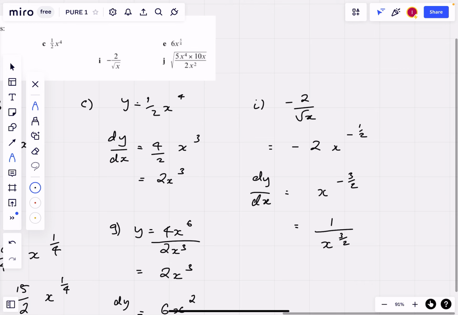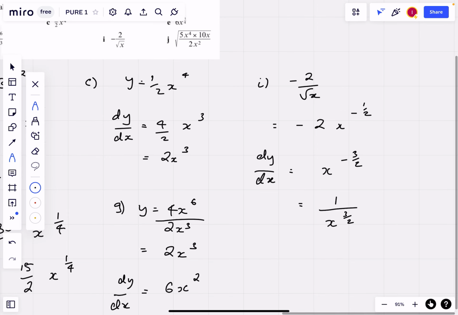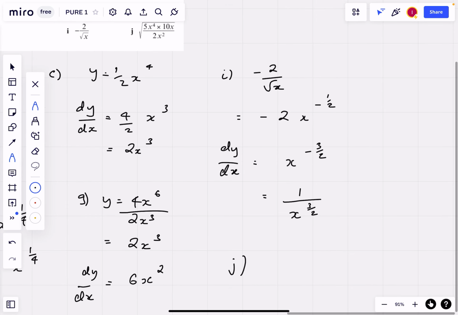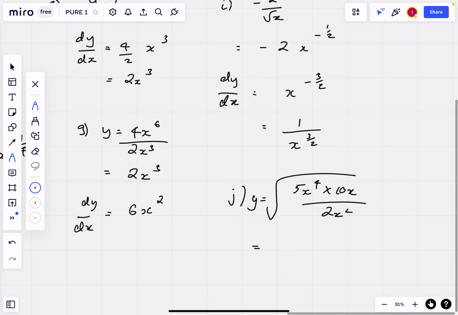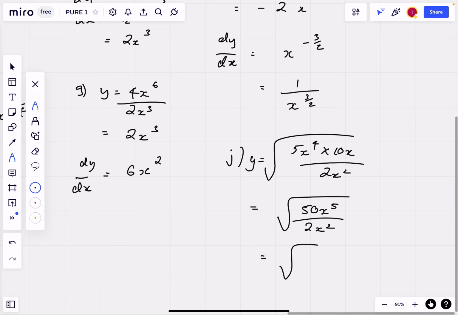Okay, last one, J. J is root 5x to the power of 4 times 10x all over 2x squared. That's equal to y. Okay, so root 50x to the power of 5 over 2x squared, root 25x cubed.